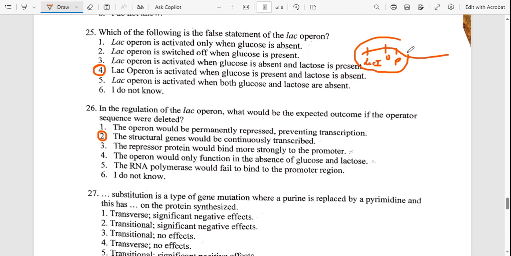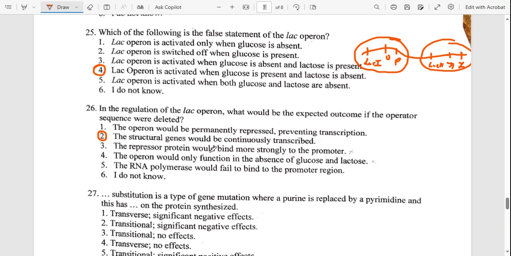These ones are controllers. And then we have got structural genes, A, Y, and Z. These are the ones that will be producing the enzymes. So these ones we call them structural genes. Okay.